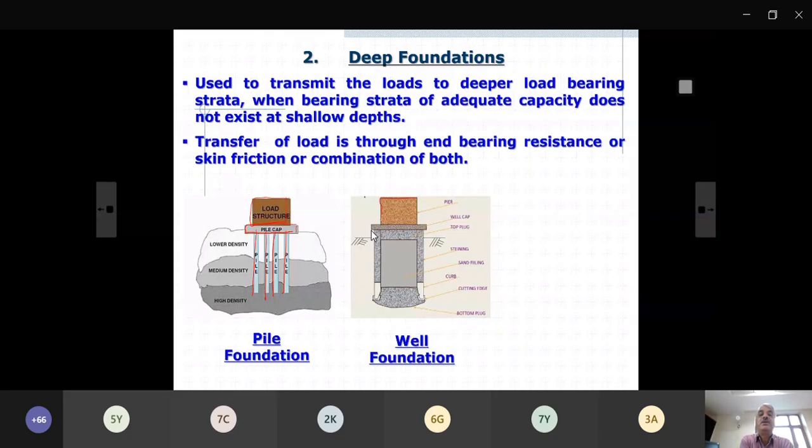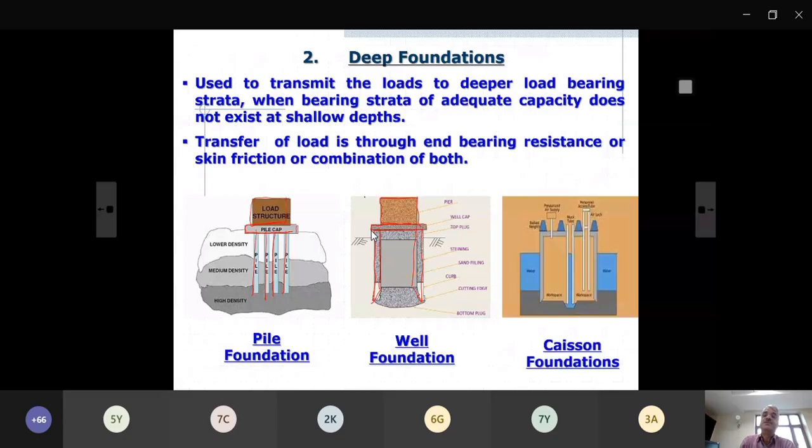Here again, load is coming through this pier or whatever you call. Then you have a well cap, and then you have a well, which is a hollow structure below that. We will see other components of well when we go into well foundation. But basically, rather than having individual slender piles, you have a massive well structure below that. So they are well foundation.